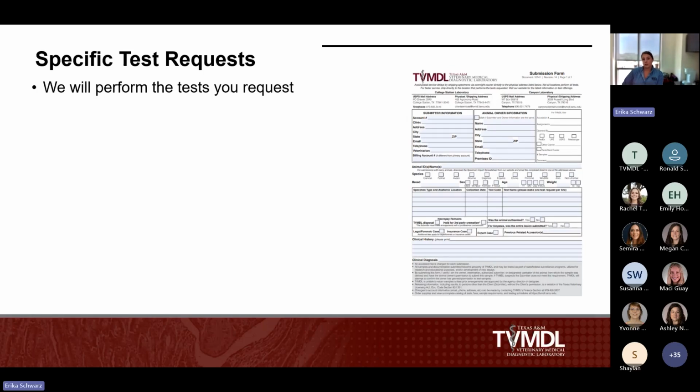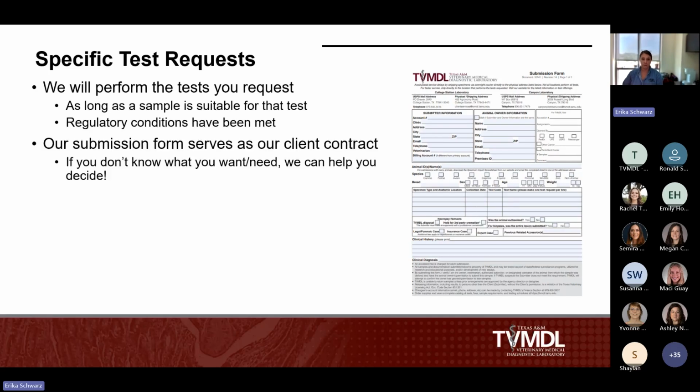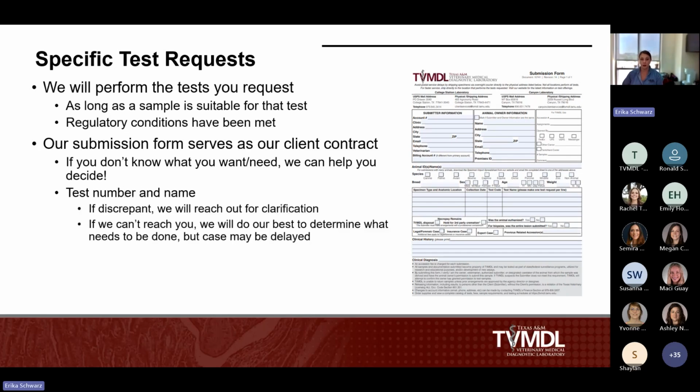So specific test requests. In general, we will perform the tests that you request, provided that the sample is suitable for that test and that regulatory conditions have been met if applicable. Our submission form serves as our client contract. So if you don't know what you want or need, we can help you decide, but we really do need some sort of idea of where to start.